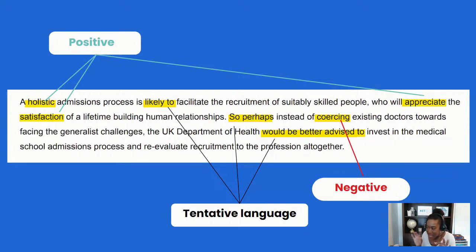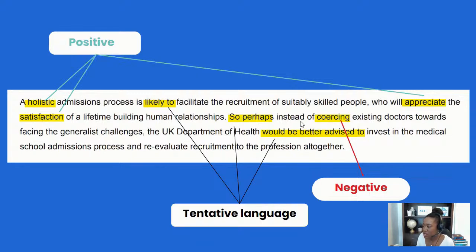If we analyze the text carefully, we can see that we've got these positive adjectives in support of recruiting based on the required skills. And then there's a suggestion being made. So perhaps, this is language used to make a suggestion.